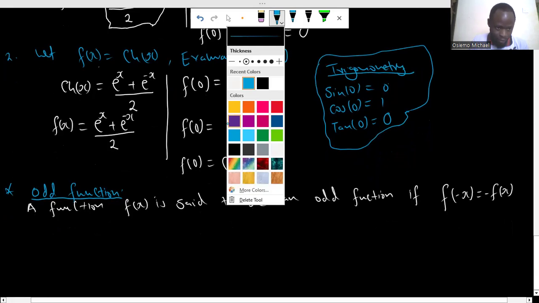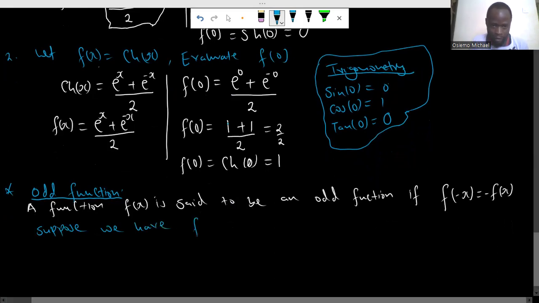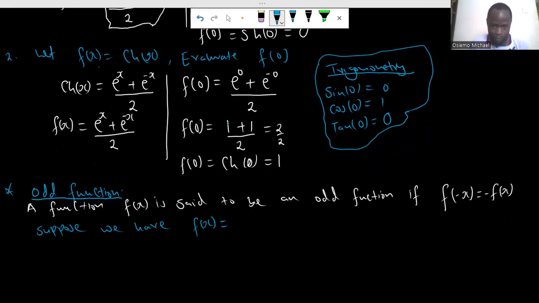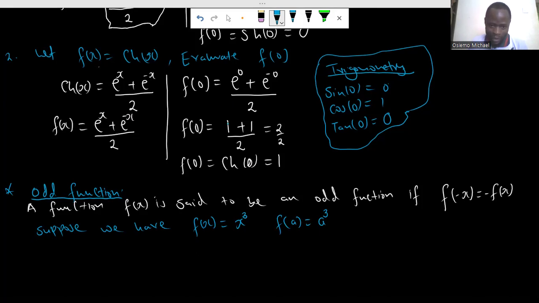Suppose we have maybe f of x is equals to maybe x cubic, right? So f at a, if you evaluate this function, f at a, it will be equal to a cubic. That is, wherever there is x, we substitute with the value in the bracket. That is what we call to evaluate a function at any given point or any given value.